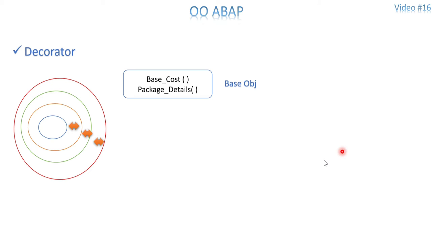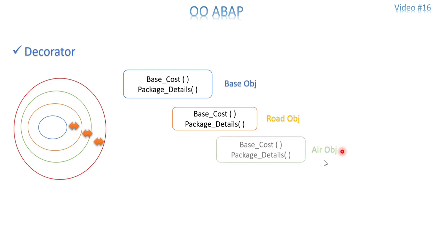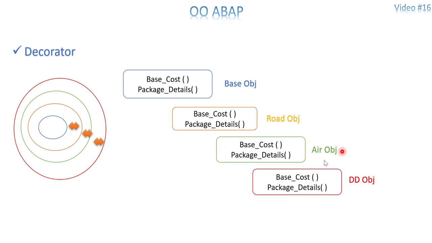I'm not going to add my own methods because you know about it. I'm going to use the same methods with the redefinition concept in all my subclasses. And this is my other class for the road, using the same methods with redefinition, and then air and domestic delivery. These are the classes and each has its own object reference.